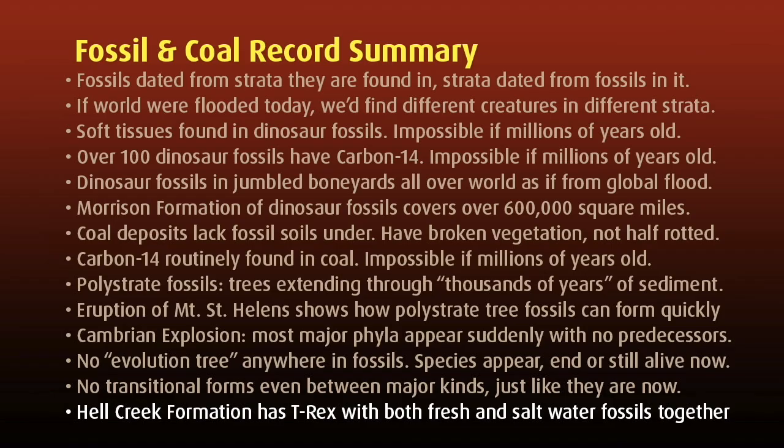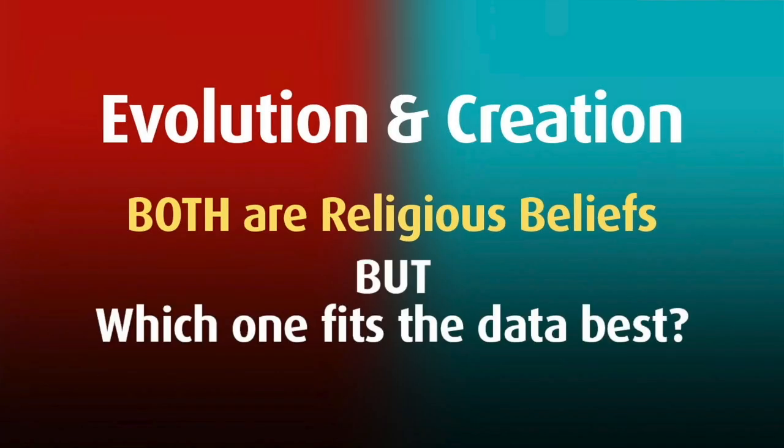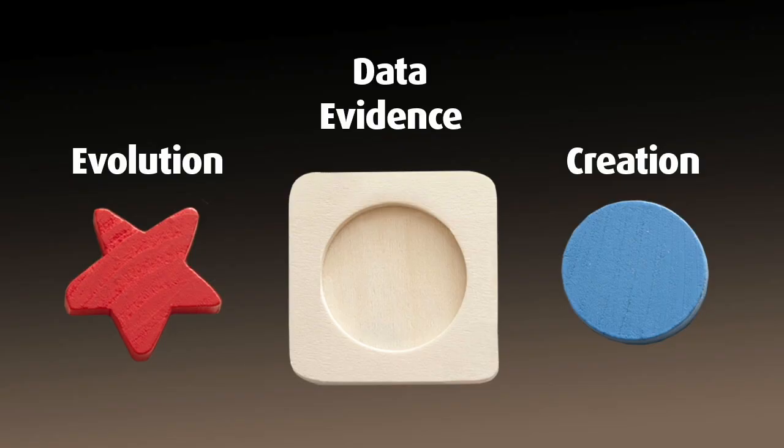And the Hell Creek Formation has T-Rex with both fresh and saltwater fossils together. As we said at the beginning, evolution and creation are both religious beliefs, but which one fits the data best? We've been told that evolution is a fact, that it's the only logical conclusion, but evolution doesn't fit the data. As we've just seen, creation fits the data better.